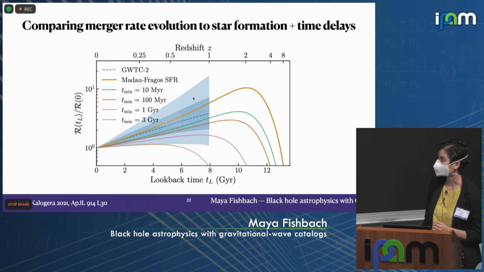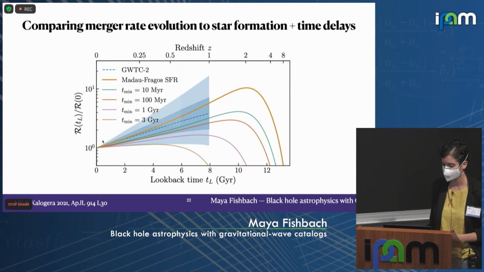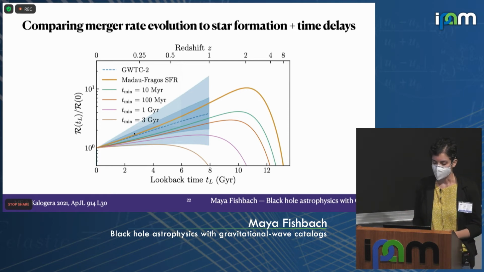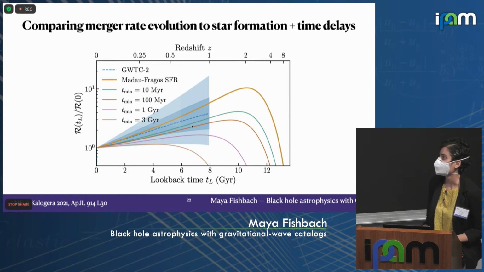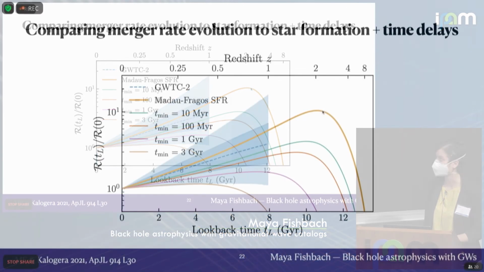So this is the GWTC2 inference, and it's also normalized to the merger rate today to just focus on the shape of the merger rate evolution. And so in blue, again, is what we infer from gravitational waves. Here in orange is the star formation rate.